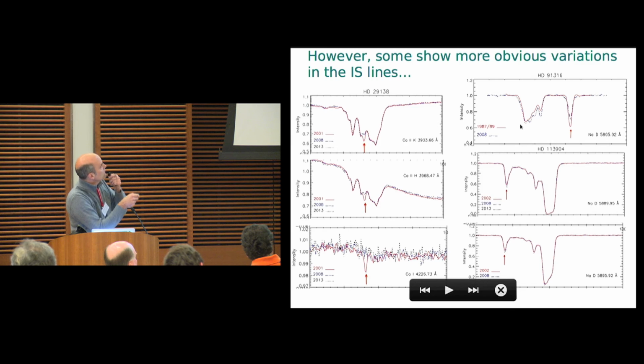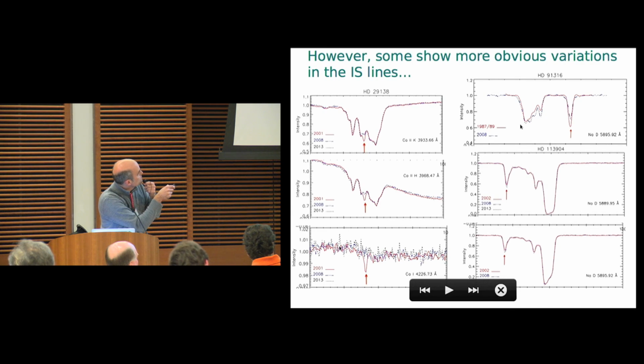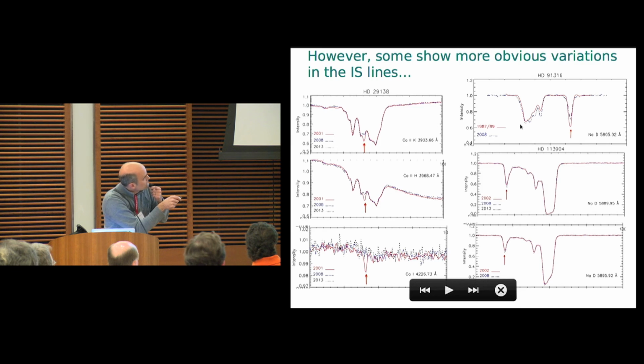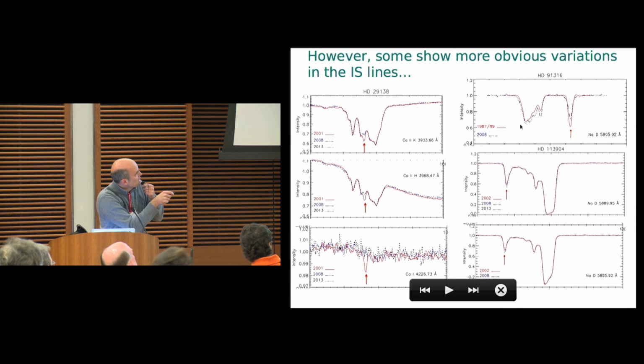So you see this star here, we see both the calcium 2 changes, and also the calcium 1 here, we had nothing, and then we had a component, and then it completely disappeared some years later. We also see here another possible change, but because these data are very old, the baseline is uncertain.